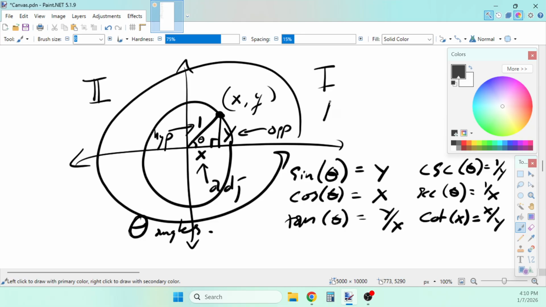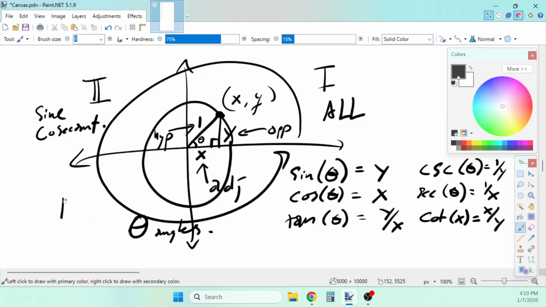So that means in quadrant 2, sine is positive and cosecant is positive. But all of the other trig functions have an x in them, and x is negative. So that makes them negative.